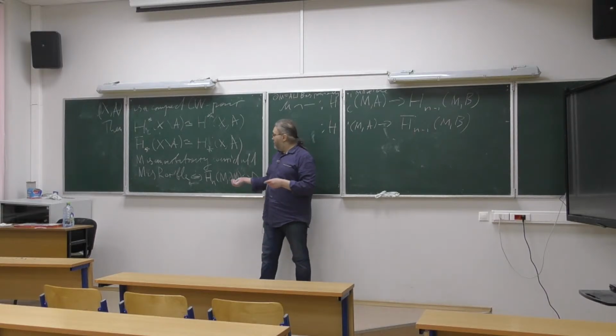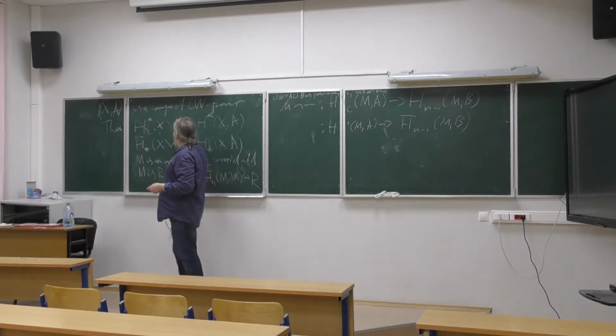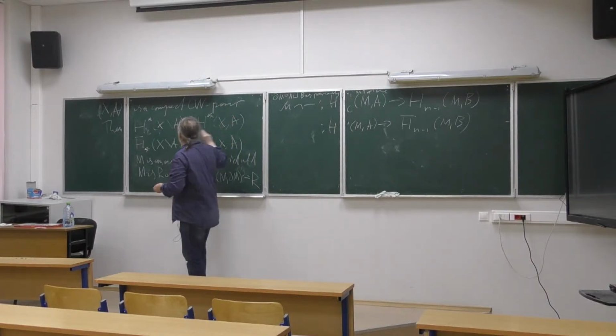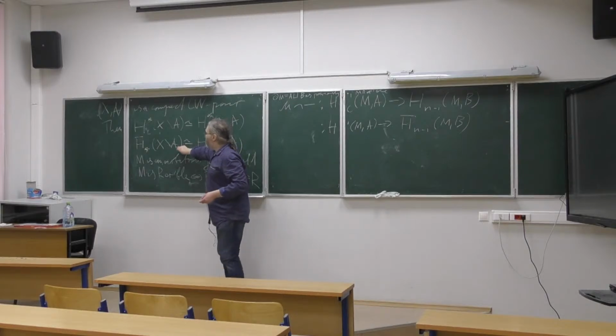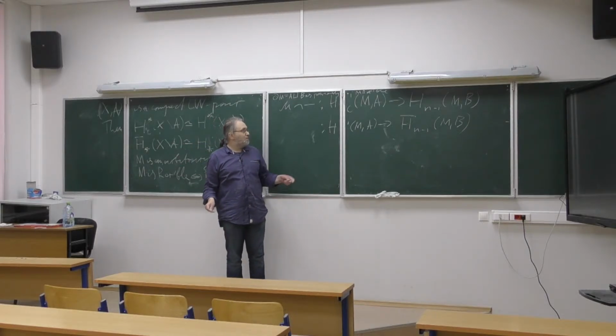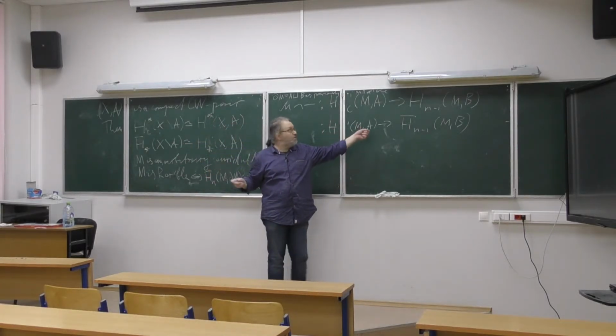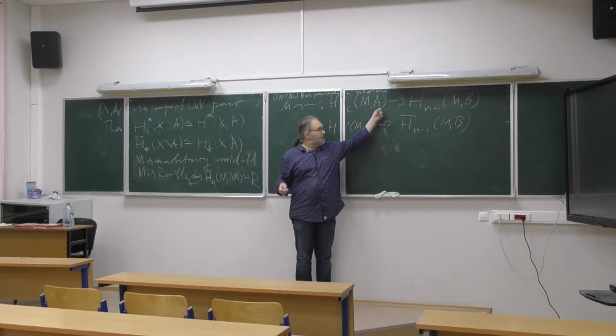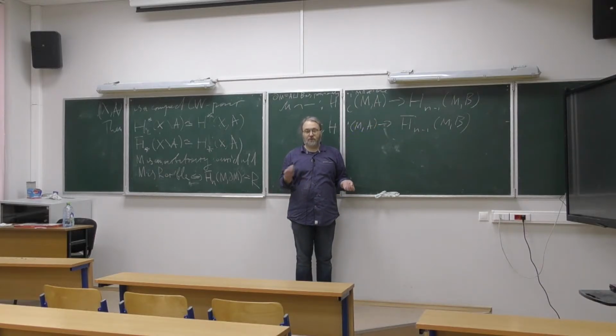And if I put appropriate sheaves everywhere, which is not too difficult to do, I get the same two isomorphisms, except here I need to consider homology and cohomology with coefficients in some sheaves, which are not too complicated.